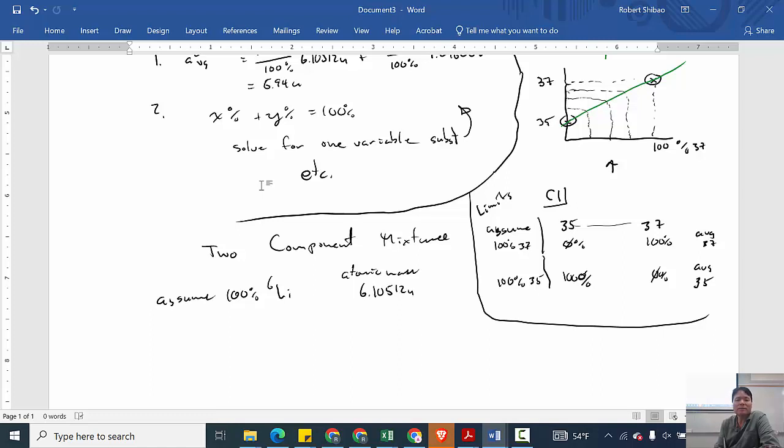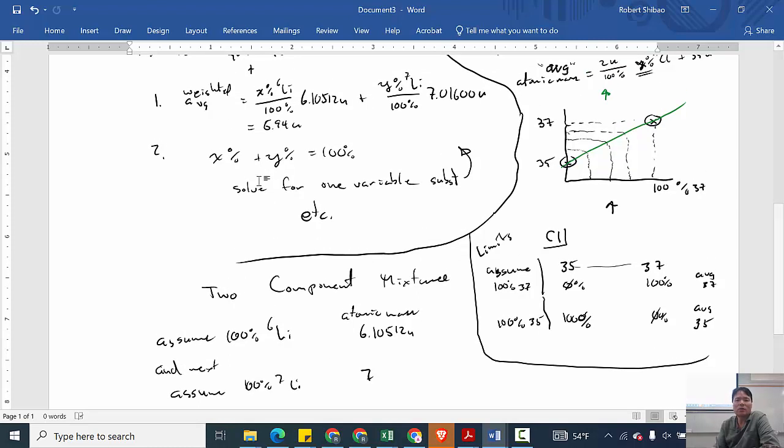And then we make the opposite assumption. And next, forget this and assume 100% lithium 7. And that comes out to 7.01600.